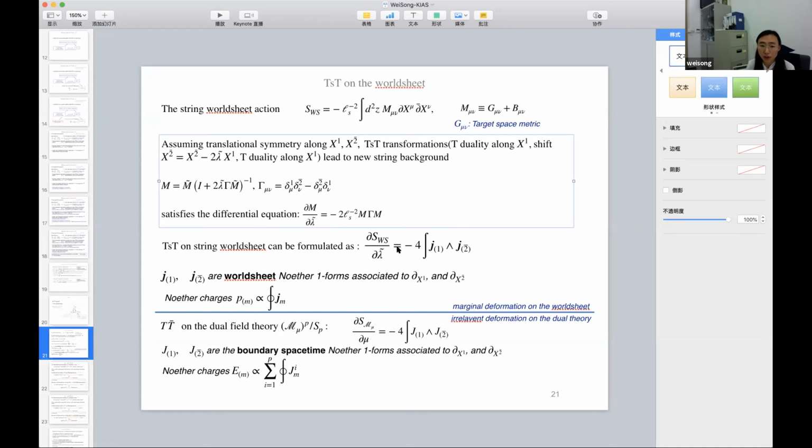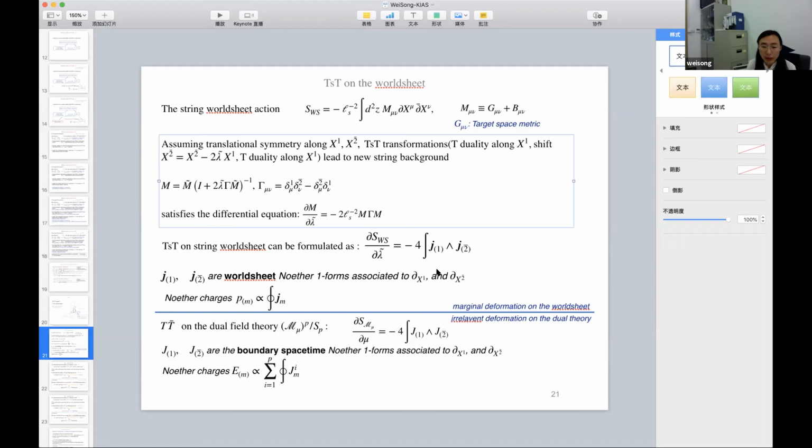Interestingly, this worldsheet action, when we take the derivative with respect to lambda tilde, can also be written as the product of two U(1) currents. And these two U(1) currents are the corresponding Noether currents of these two translational symmetries on the worldsheet.